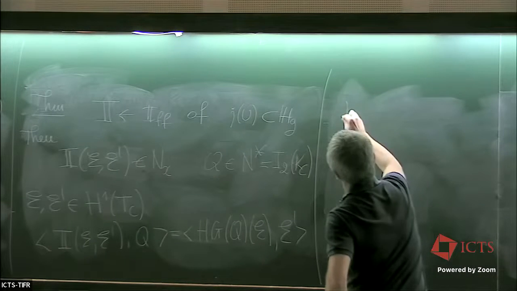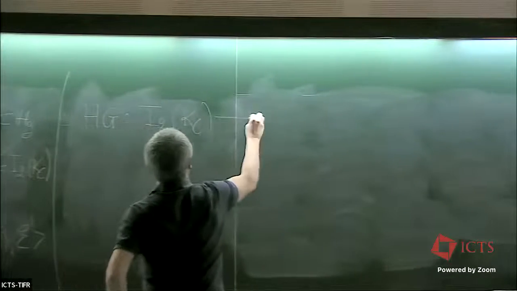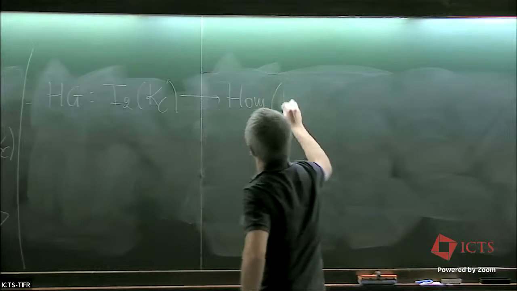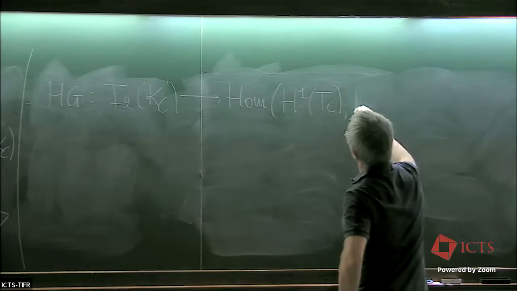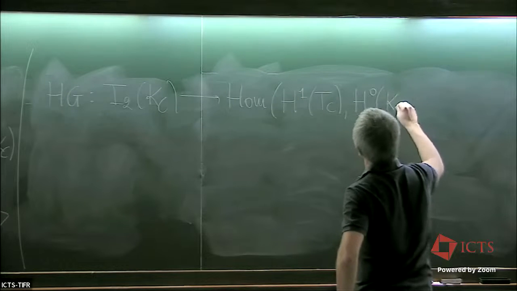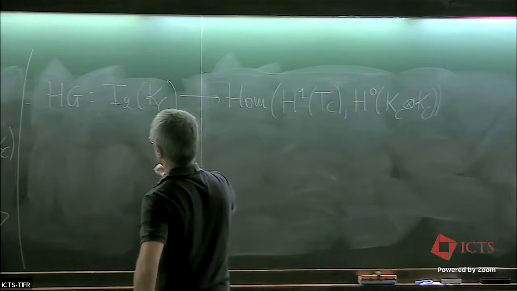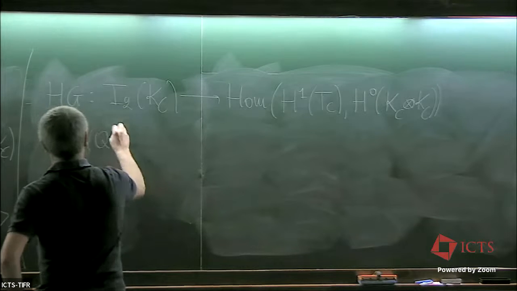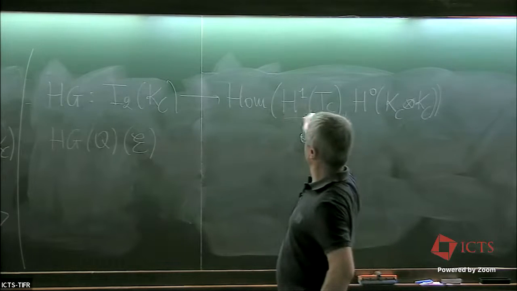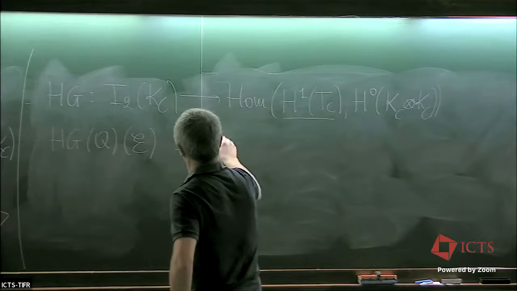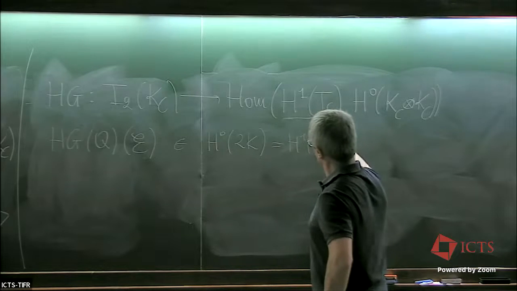So let's repeat how it worked. If we use it for a canonical bundle, it will go from H1 of the dual of the canonical bundle, which is the tangent sheaf, to H0 of K times K. So this thing here, the Z is the right thing that we have to put because it is an element here, and this thing belongs to this one, which is the dual again of the same space.